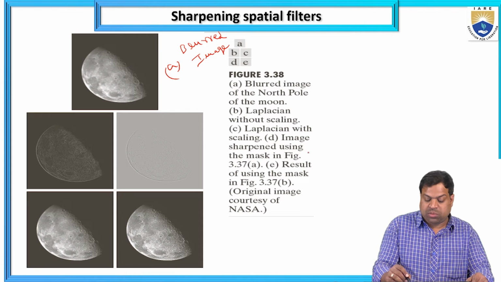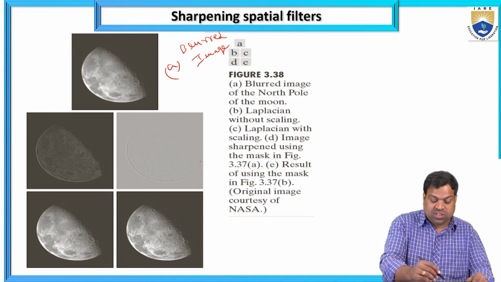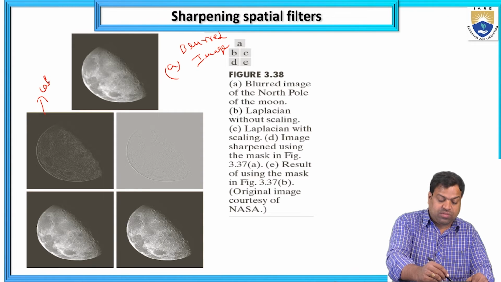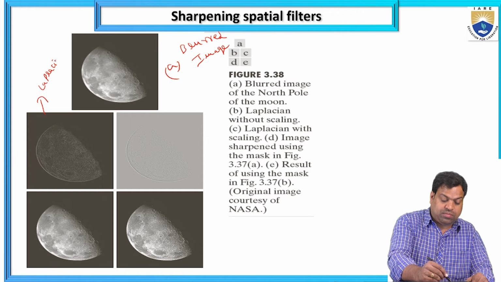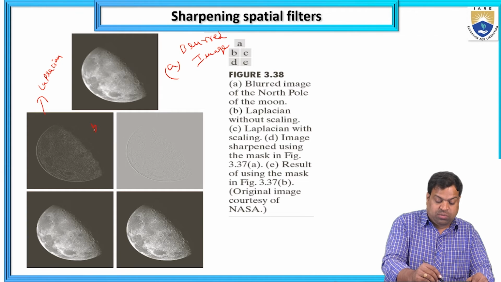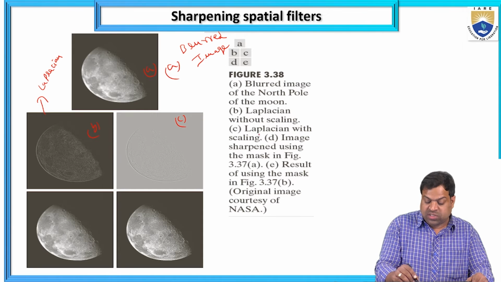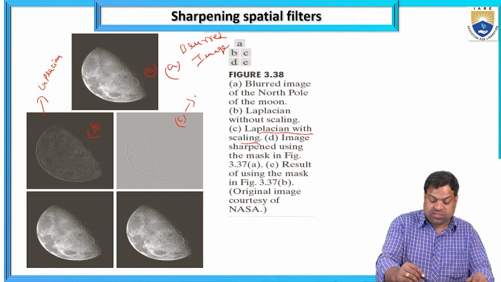Figure A is the blurred image, B is the Laplacian without scaling, and C is the Laplacian with scaling.